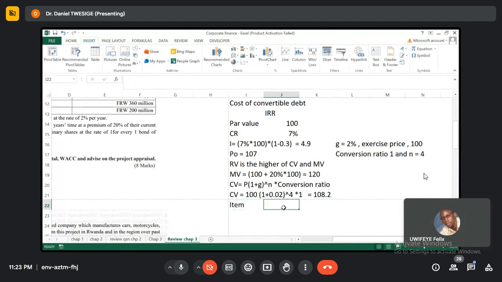Well, now you can calculate it since we have now summarized it. Period, cash flow, then the discounting factor. We are going to compute at what? At 7%.